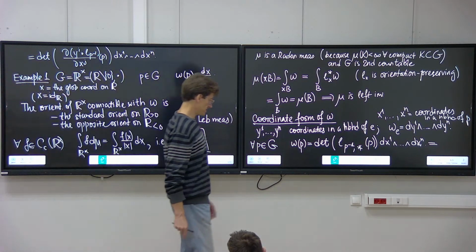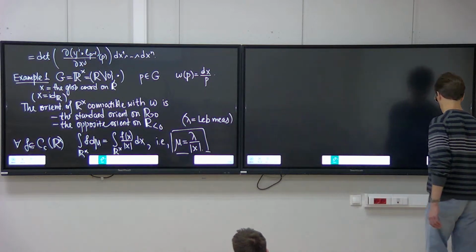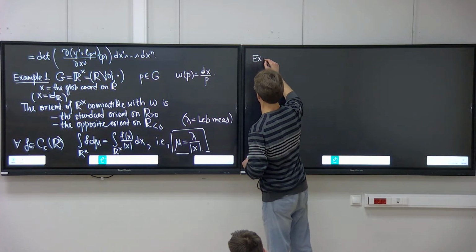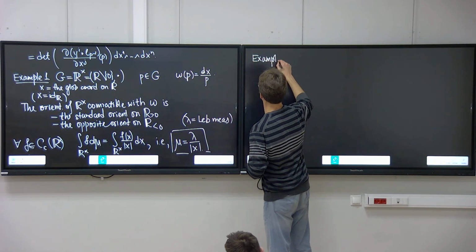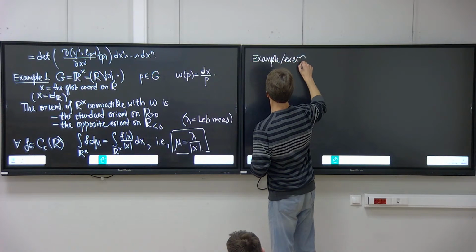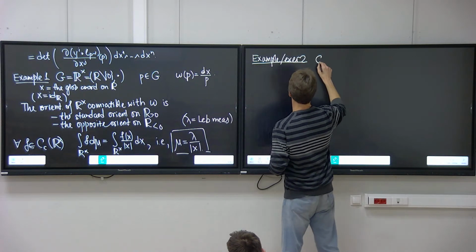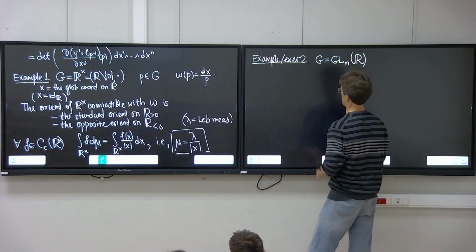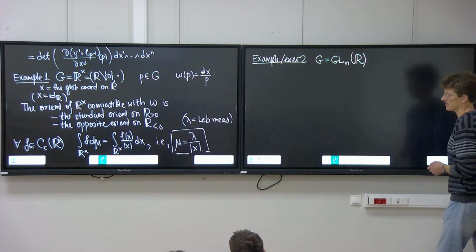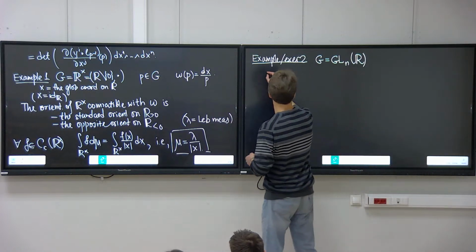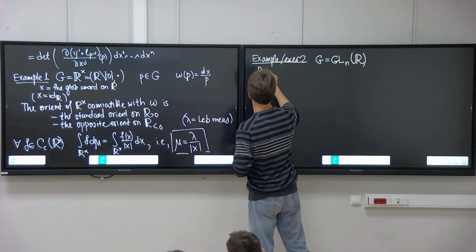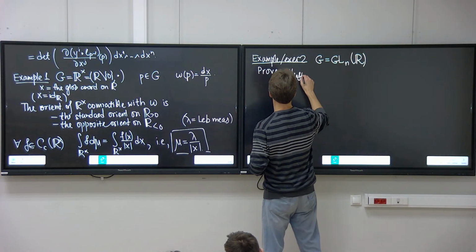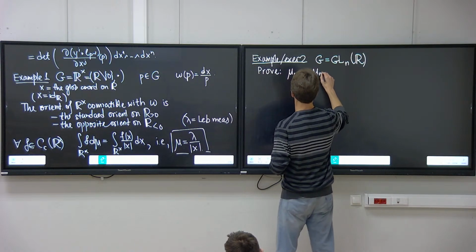This example can be extended to the general linear group, GLn. This is exercise 2. Let G be the general linear group of all invertible n by n matrices. Prove that the left Haar measure is equal to the right Haar measure in this case.